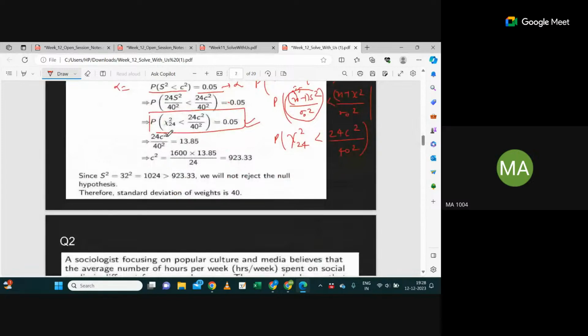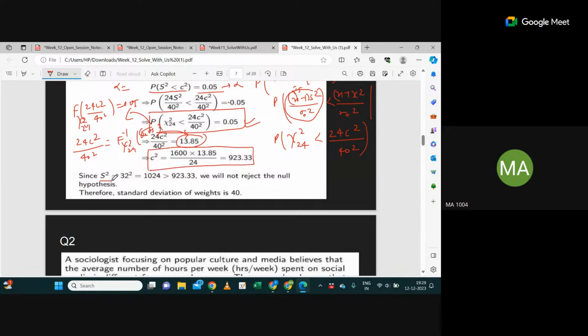So 24 times C square divided by 40 square equals F inverse chi square 24 at 0.05, and the value of this is 13.85. By solving, we get the value of C square.